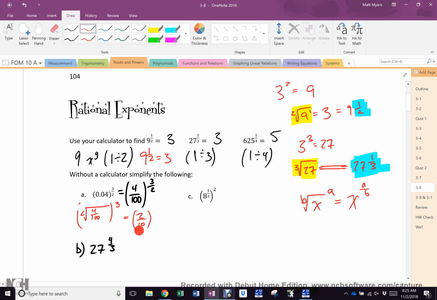And all of that is to what power now? 3. What is 2 cubed? 8. What is 10 cubed? 1,000. So the answer is 0.008. Is everybody good? Even though that looks frightening, it isn't, is it?